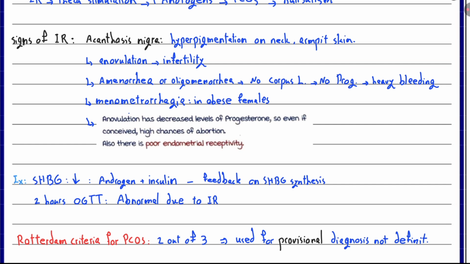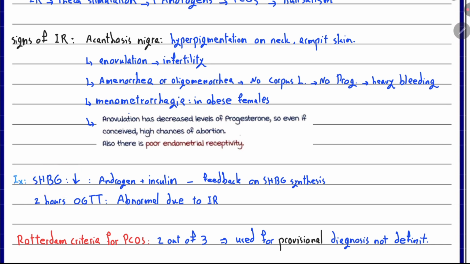And how can we recognize them in these patients? We can do a lab test known as SHBG, sex hormone binding globulin. Whenever the concentrations of insulin or androgens are increased in the bloodstream, they have negative feedback on SHBG synthesis. So in these patients, when they have high insulin, it causes a low concentration of SHBG.